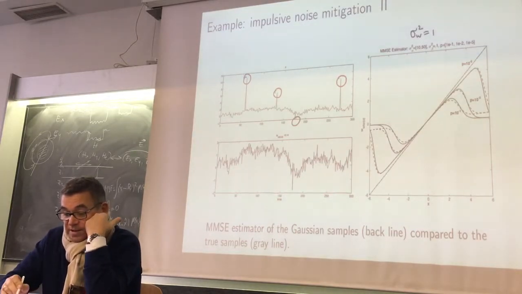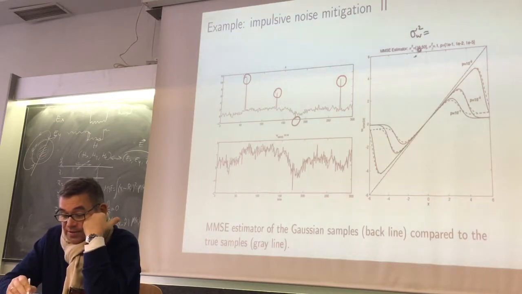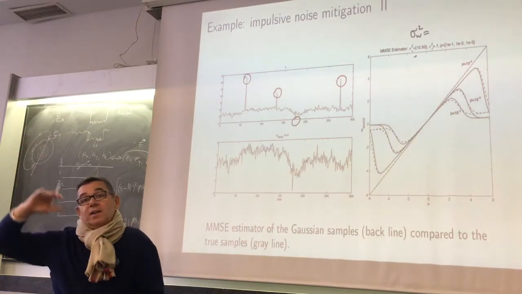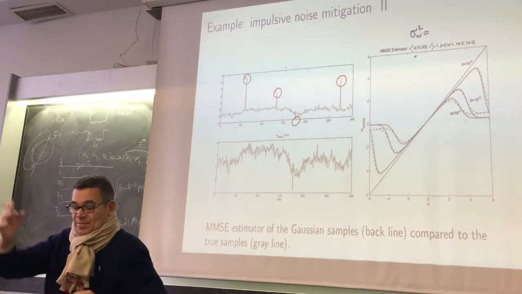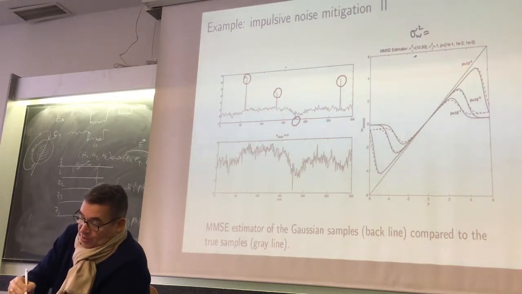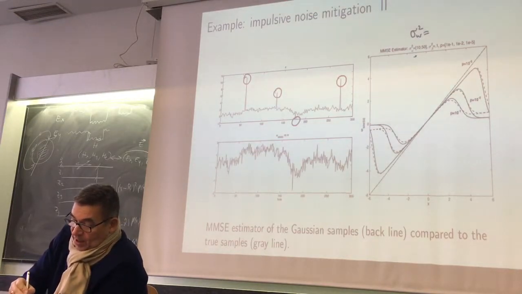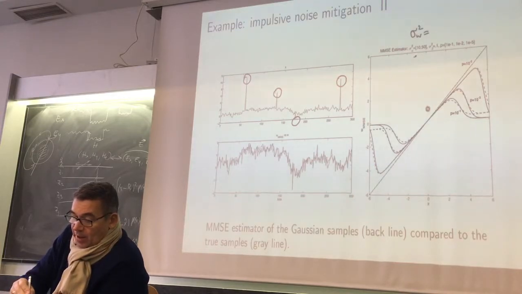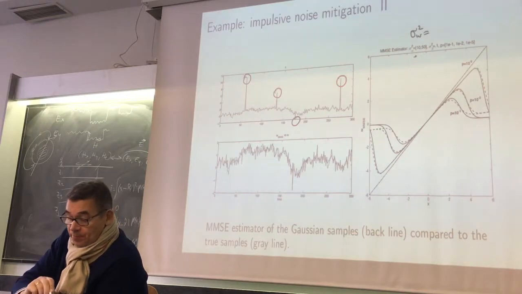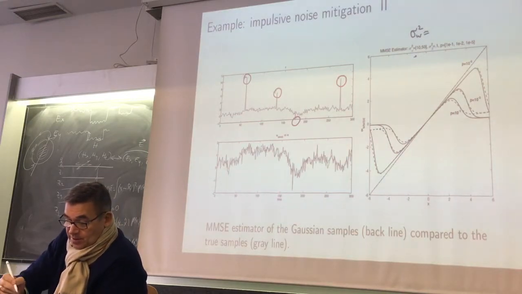So if sigma alpha, as you see here, is 10 or 50, 50 means a very big spike. So it's 50 times bigger. Now, how is the behavior? You need to read the estimator this way. Every time I have an x value, I go here and I output the corresponding value. So that's the behavior.